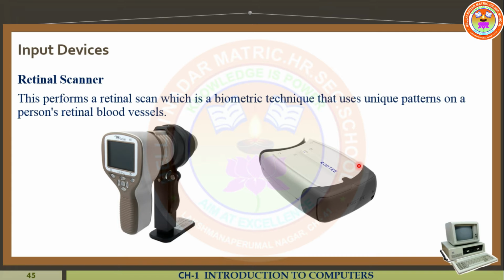Where is it used? Especially during Aadhaar card registration, using this device, they scan your retinal blood vessels, or they can also take your thumb impressions. So this retinal scanner is used to scan the retinal blood vessels for what? To scan the information. Alright, fine.